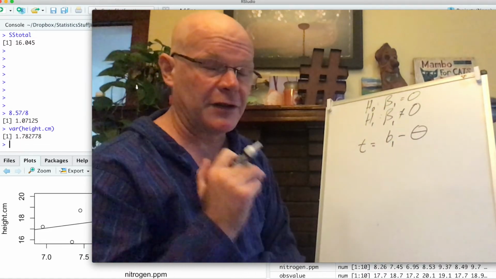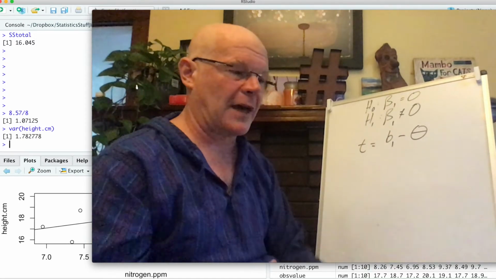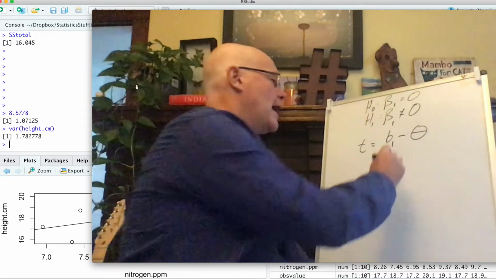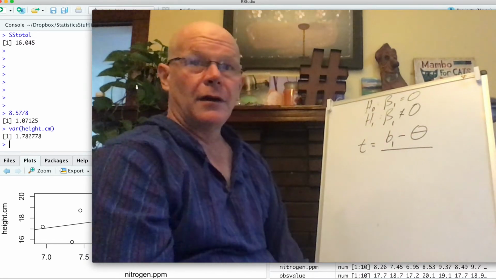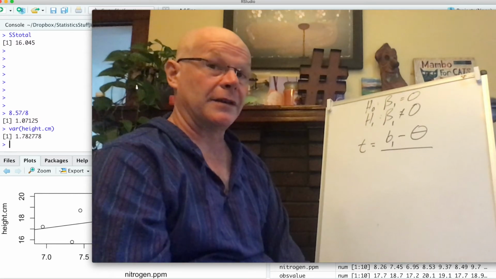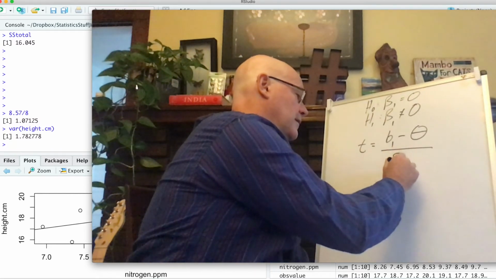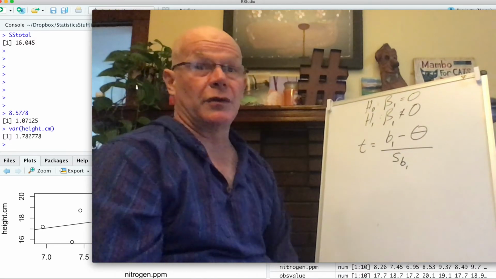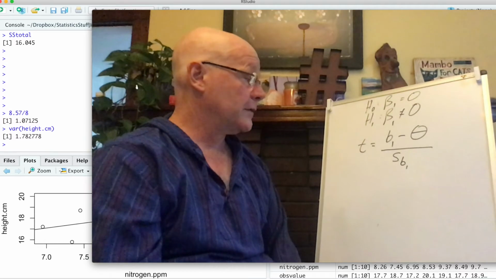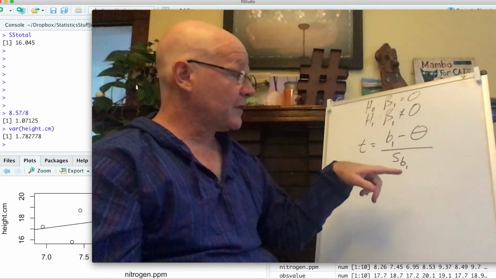Since we're interested in knowing whether or not it's even worth including that slope parameter, theta is going to equal 0. And then just as before, we have to have some estimate of the uncertainty around that slope estimate. And so we're going to need to calculate the standard error around our estimate of the slope. We'll get to that in a second.